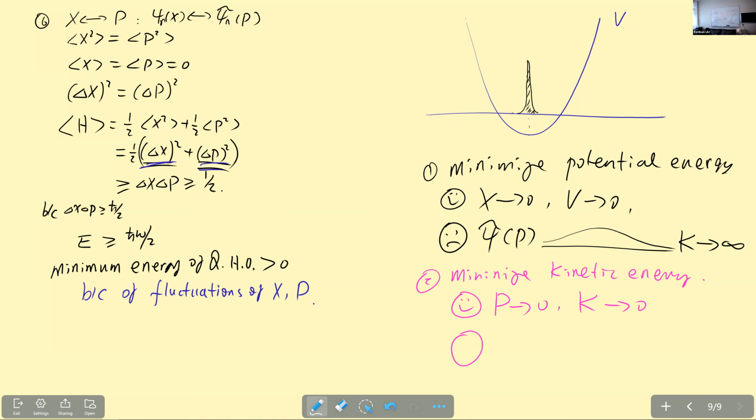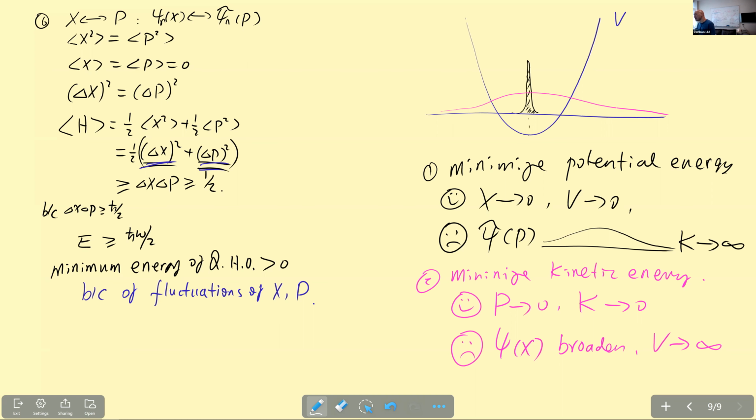But then, in real space, this will be very broad, so this x will be something broad. And then the potential energy will go to infinity, because the wave function penetrates into the barrier.